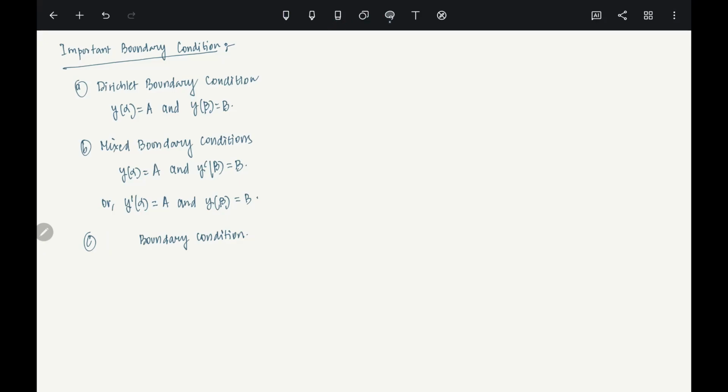Let's not put Robin, let's just put separated boundary condition. What is the separated boundary condition?